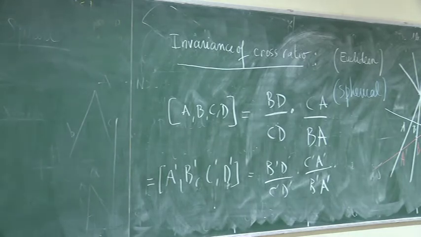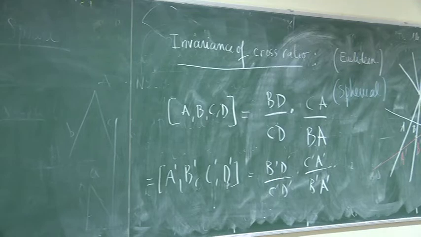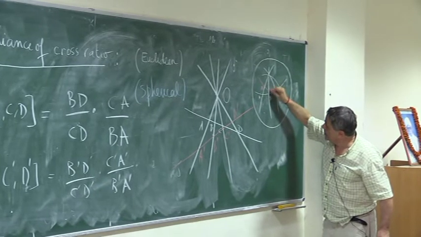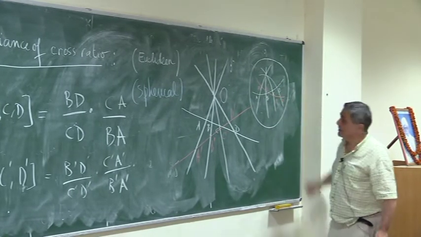You have the sphere, and then you have 4 lines on the sphere, which means four great circles intersecting in one point, and you take another great circle intersecting them, and you find points A, B, C, D. Then you take another great circle intersecting these 4 lines in 4 other points, A prime, B prime, C prime, D prime.